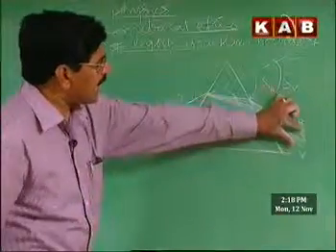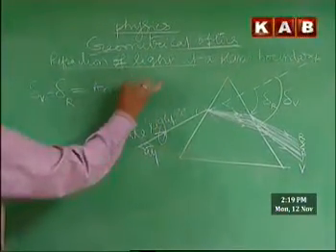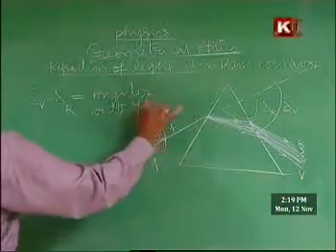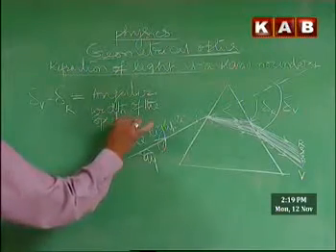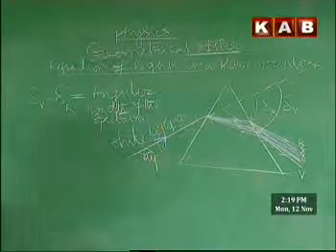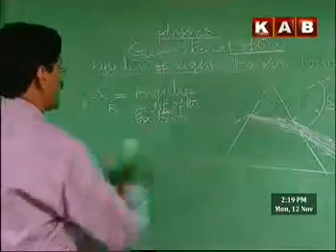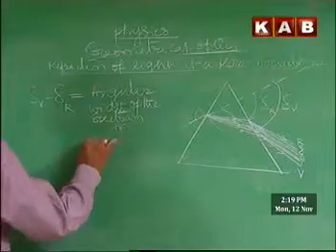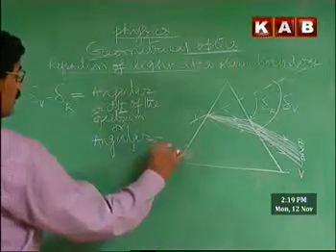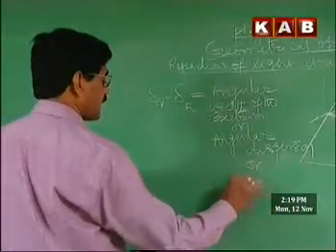This angle is the angular width of the spectrum. Since it is due to dispersion, this difference angle is also called the angular dispersion of this prism, or dispersion angle.